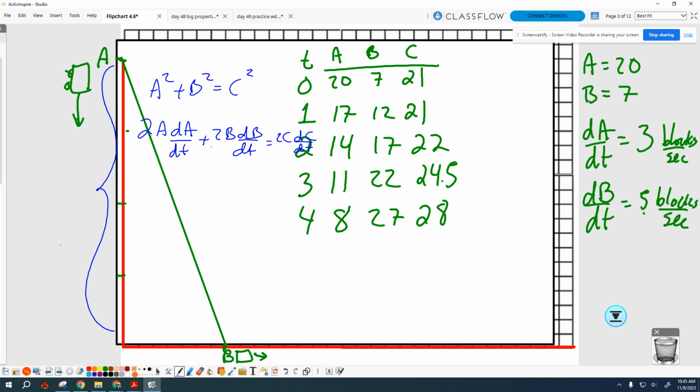Car A we had moving at 3 blocks per second, and car B was 5 blocks per second. And the change in C seems kind of random. It didn't change in our first measurement at all. Can I divide everybody by 2 just to make the numbers smaller? Because 2 is everywhere.